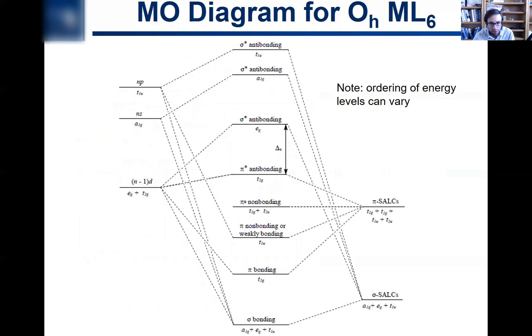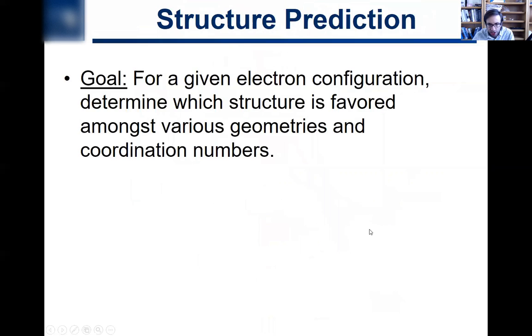It turns out you can account for all of this in a simple MO diagram. We're jumping right to the answer here, but we know where this all comes from. This is your d orbitals, your s orbitals, your p orbitals. We know the symmetry of these different orbitals from the periodic table. Then we can calculate what the symmetry of the pi SALCs would be.